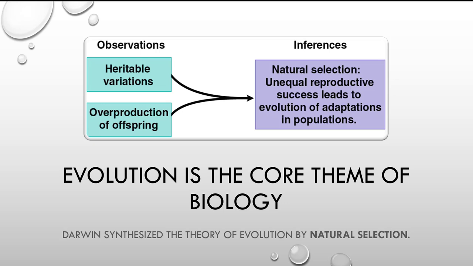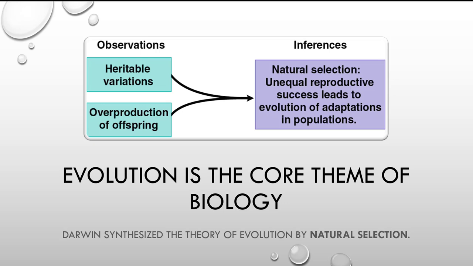Well, he based his theory of evolution by means of natural selection on observations, which is how we use the scientific method. He found that within a population of any species, there are heritable variations.